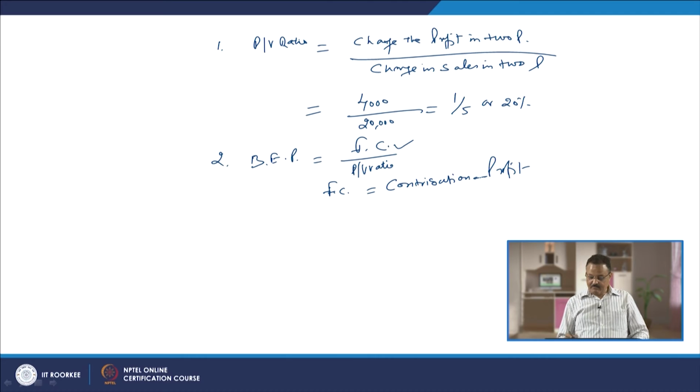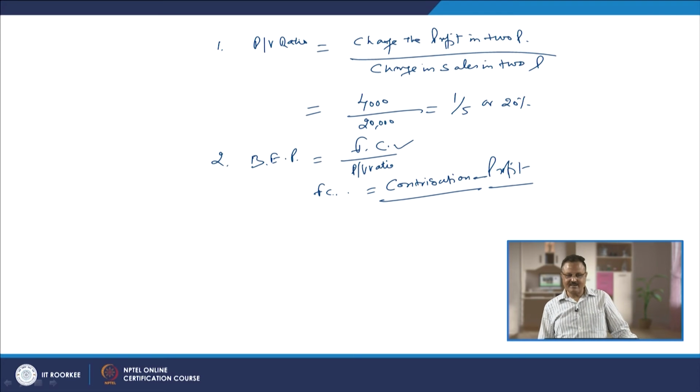But here we are given the profit, and we are not given the contribution. If you are not able to calculate the contribution, you are not able to calculate the fixed cost. So, we will have to calculate the contribution also.